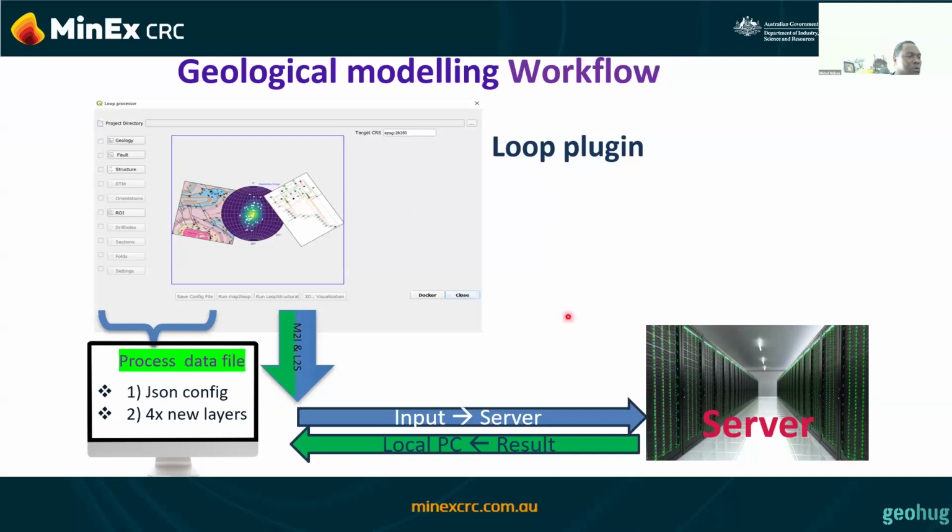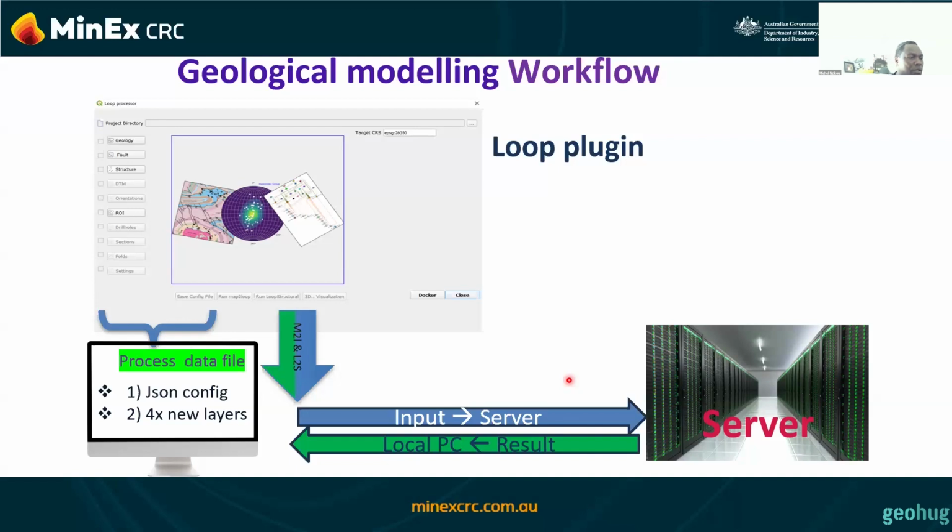And because a lot of 3D modeling calculation requires a lot of computational power, what we need to have is to send the calculation to a server. It might be a personal machine if you have a very powerful machine, or a server, a big machine like, let's say, HPC or Azure or AWS, to send all these calculations both for map2loop and for loop structural.